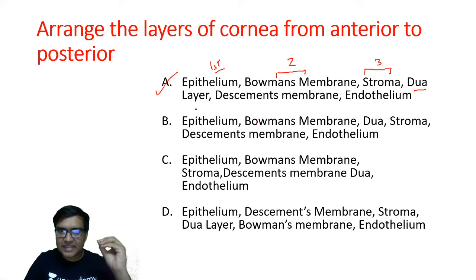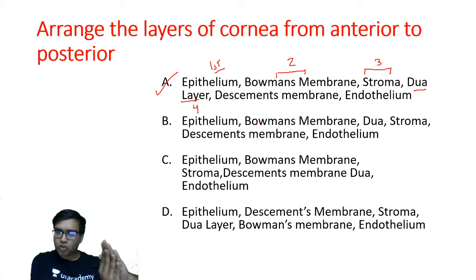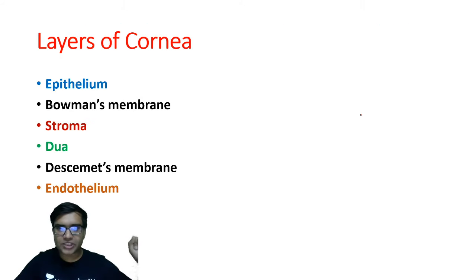This Dua's layer is beneath the stroma, between the stroma and the Descemet's membrane. The next layer is a very strong layer, the Descemet membrane, and the last but not the least is the endothelium. Is it okay, everyone? Should we move to the next question?